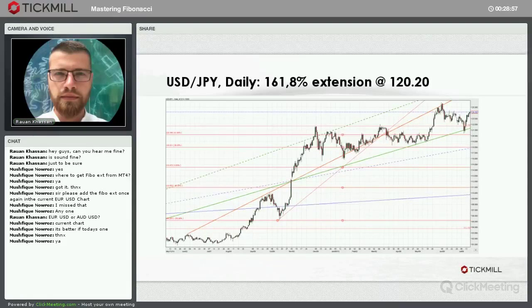Afterwards, we move the extension tool to the following bottom, as it's an upside move. I will mark the extension in red so you can see how it works better. 161.8% is a clear rock star.